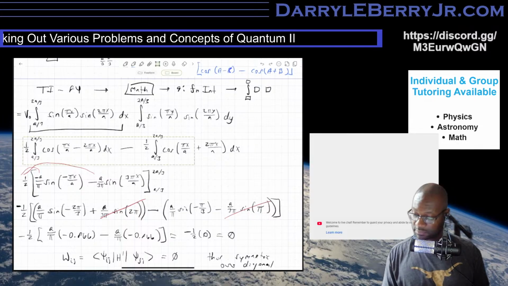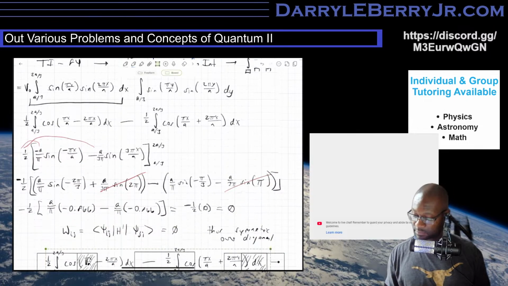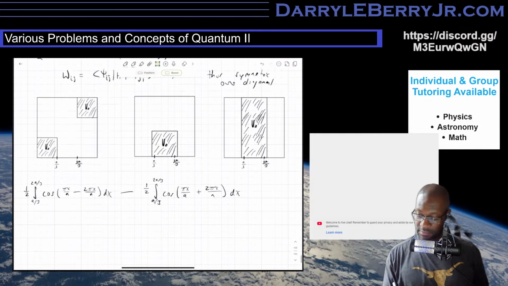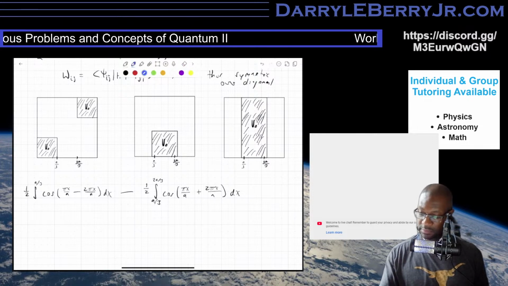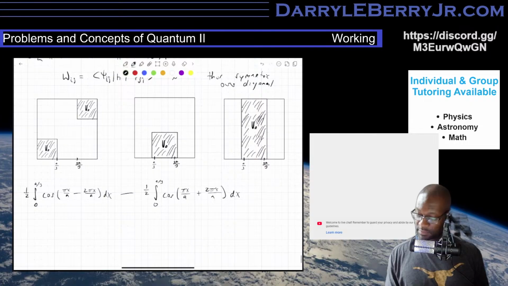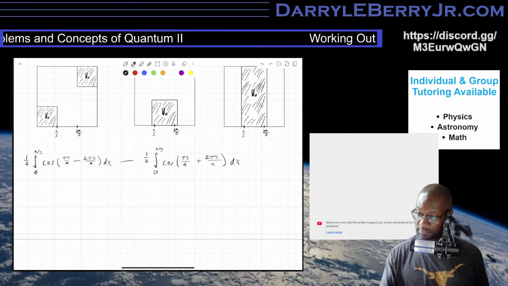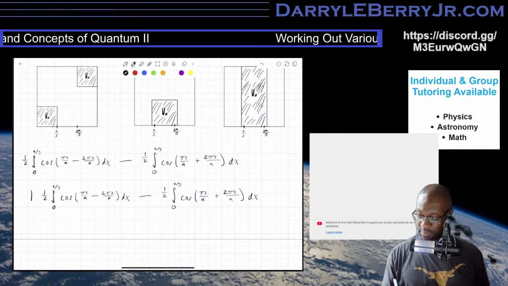So we'll have this. It would be 0 to a over 3, and would also be plus a over 3 to a.